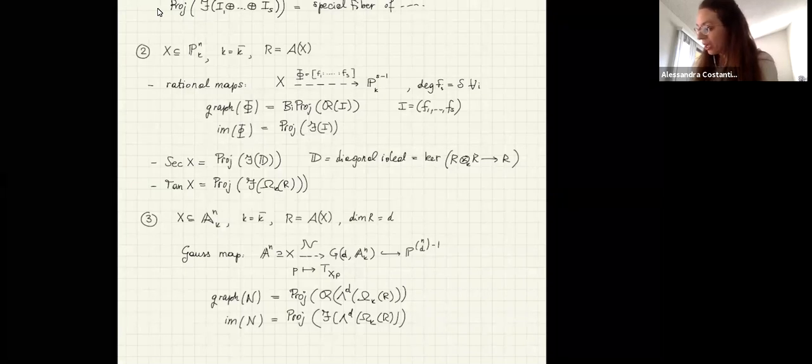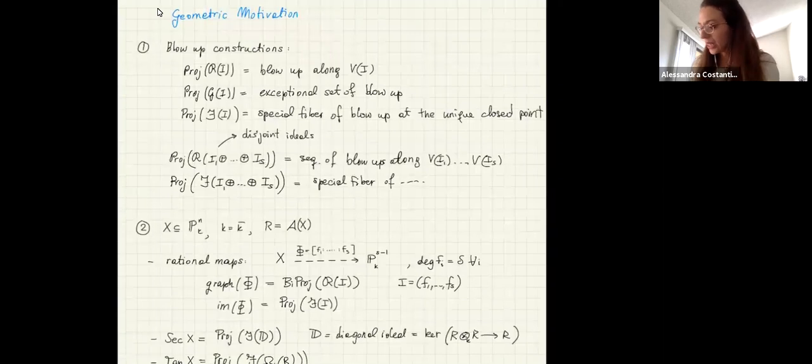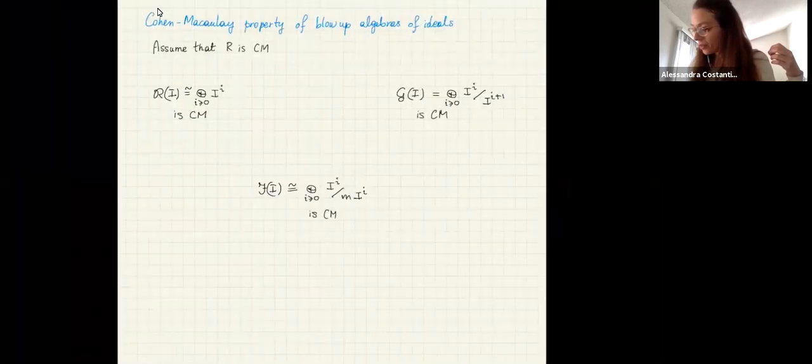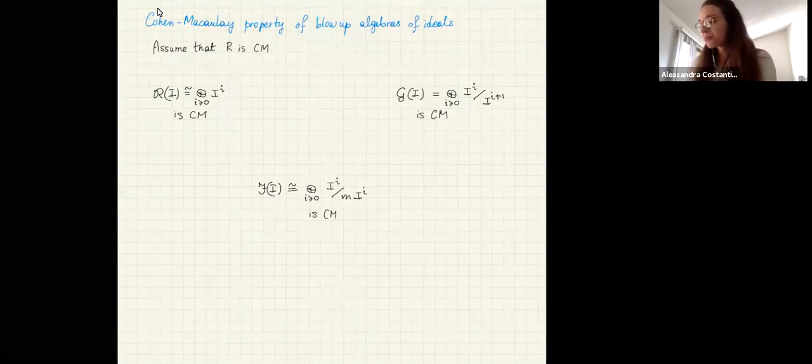And now I want to talk about the Cohen-Macaulay property. And the motivation comes really, first of all, from the blow-up constructions. The idea is if you start off with a Cohen-Macaulay ring, so if you have a Cohen-Macaulay variety, you want to know whether or not after blowing up, you're still a Cohen-Macaulay kind of singularity.